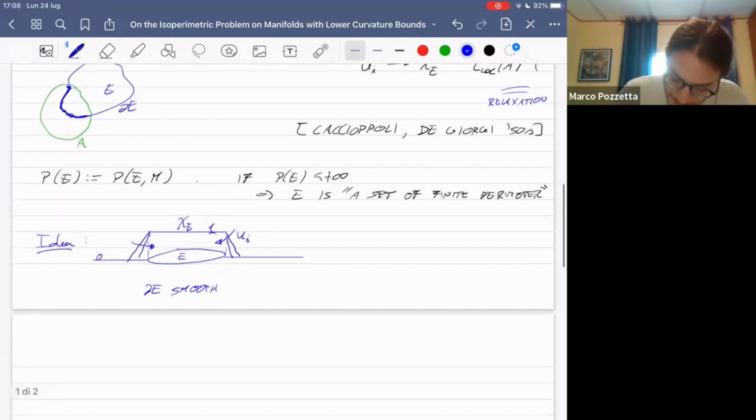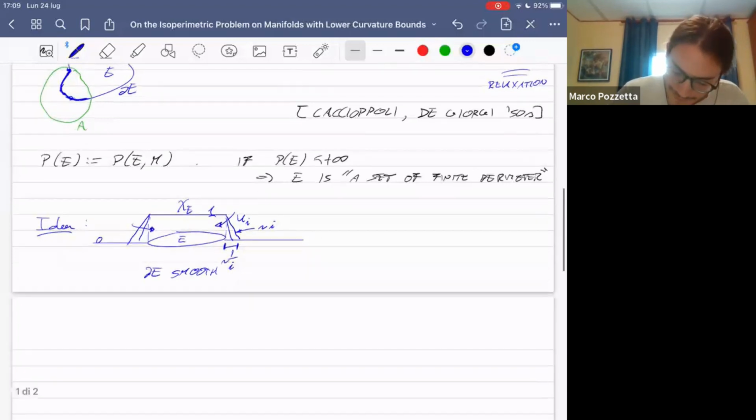So for example, I can believe that the distance here, where there is the slope of u_i, is of the order 1 over i, and the modulus of the gradient of u_i here is of the order i, right?